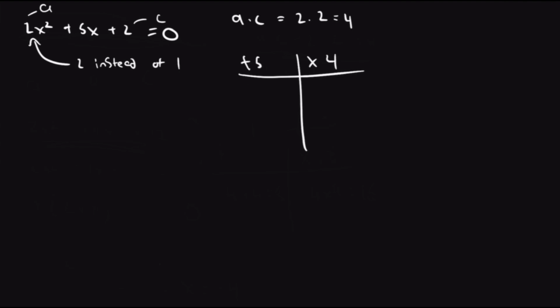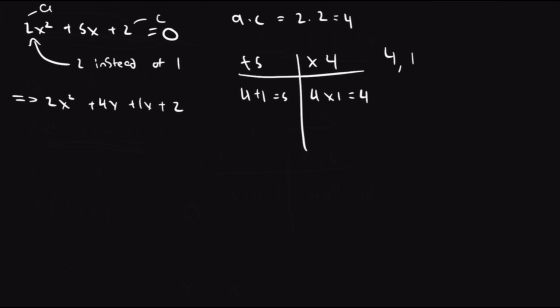It's pretty easy to see that a solution to this would be 4 and 1, because 4 plus 1 is equal to 5, and 4 times 1 is equal to 4. So let's do what we did again and split up the middle component: 2x squared plus 4x plus 1x plus 2.